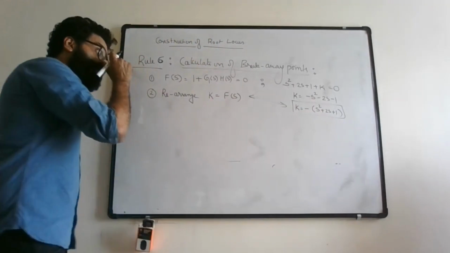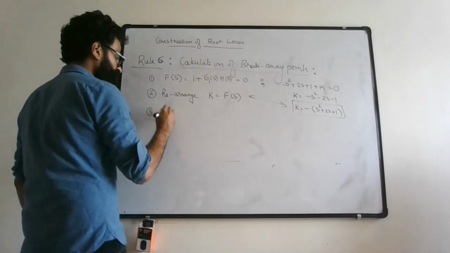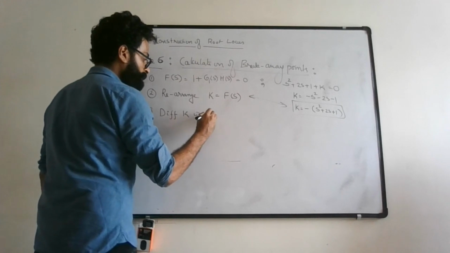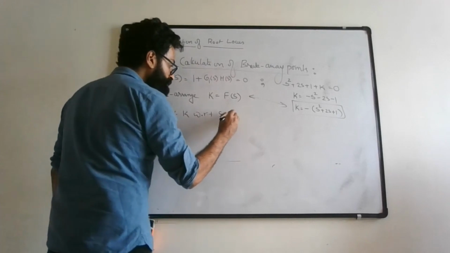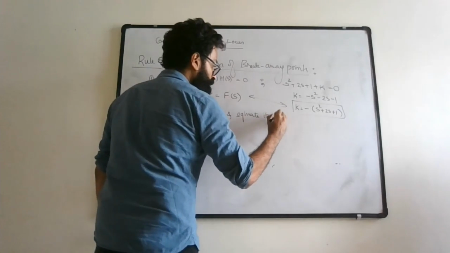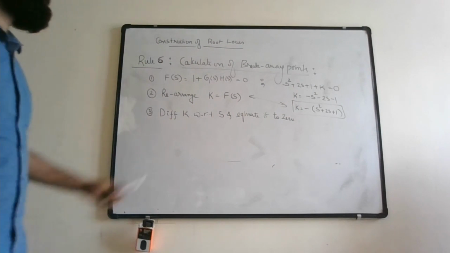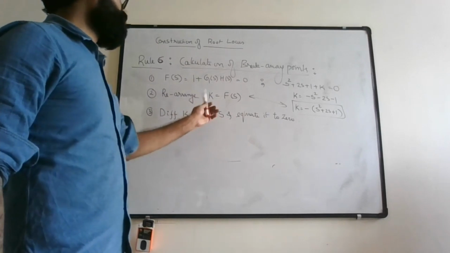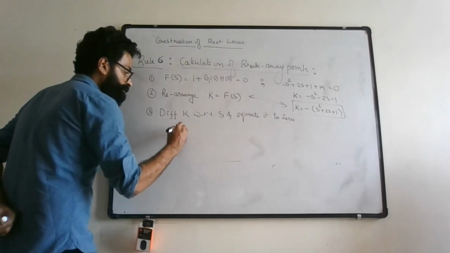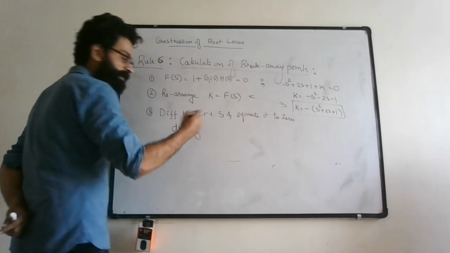Once you are done with the rearrangement, differentiate k with respect to s and equate it to 0. By doing so, you get dk by ds and you equate it to 0.